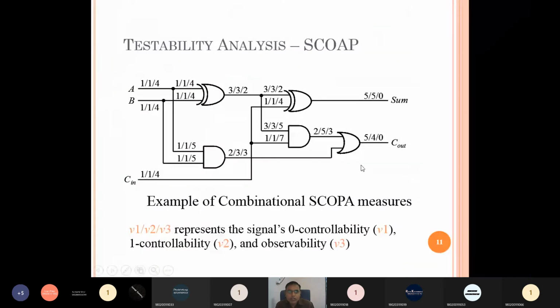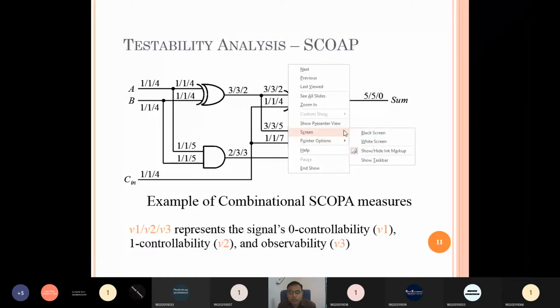Okay, now let's take this example to calculate. Let me draw it on a wide screen. Let me have a 1-bit full adder, and let me calculate its controllability and observability at different nodes. So in a 1-bit full adder, we know it has first two inputs going to an XOR, right?